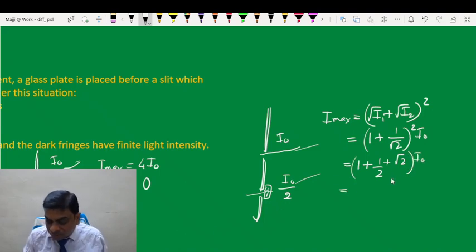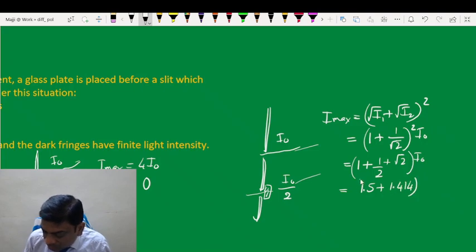A square plus B square plus 2AB. So this will be 3 by 2, that is 1.5, plus root 2. Root 2 is 1.414. So approximately this will be somewhere around 2.914 I naught.